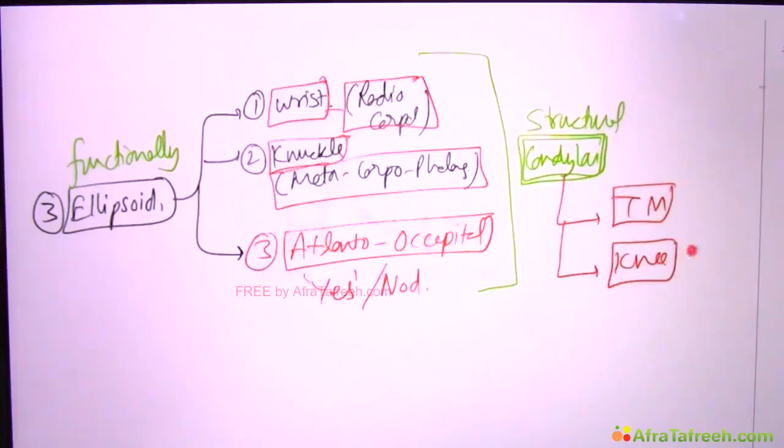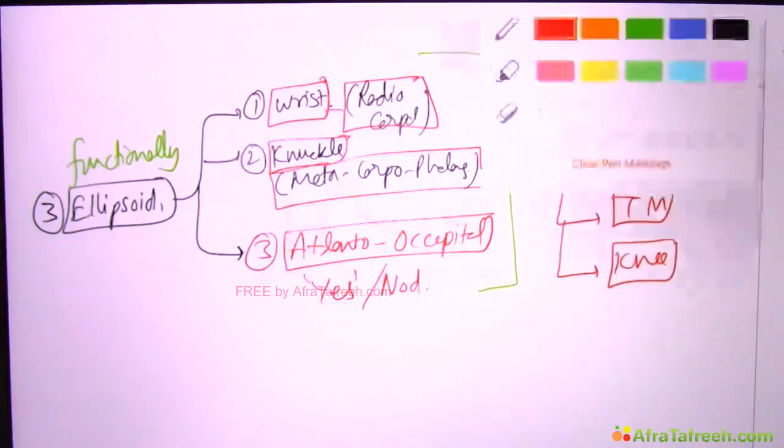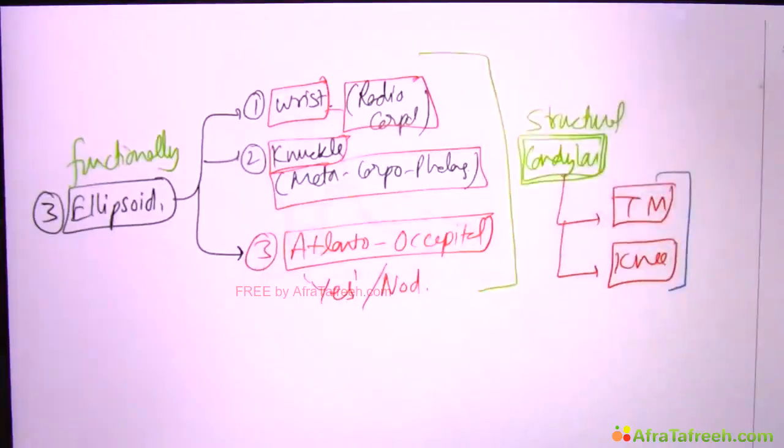But some books say the temporomandibular joint and the knee joint are actually modified hinge joints, and in fact they are also called modified hinge joints. But if somebody asks you about the temporomandibular joint or the knee joint, what is your first answer? First you should say they are condylar. If it is not in the options, then say they may also be considered modified hinge. That is your backup answer, because they are basically condylar synovial joints.